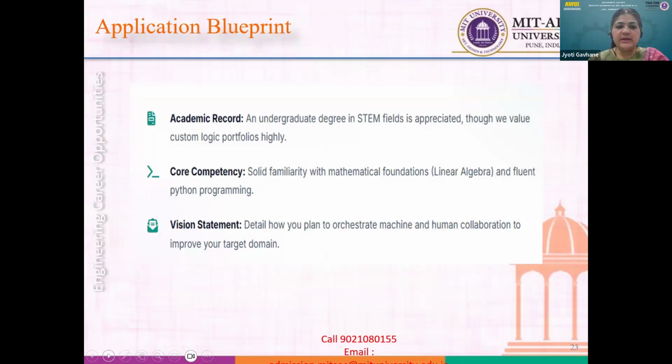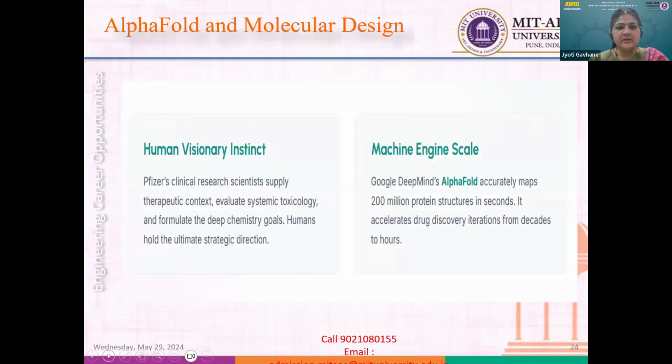Now, this is the application blueprint of any academics or degree. A UG degree in STEM fields is appreciated, though we value custom logic portfolios highly. Core competency is very, very important in terms of mathematical foundation and linear algebra. In the vision statement, detail how you plan and orchestrate machine and human collaboration with the help of intelligence to improve your target domain.